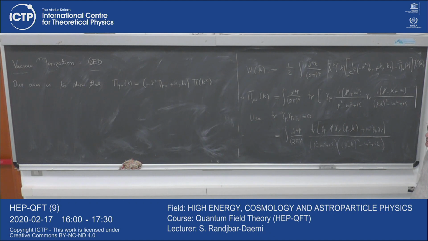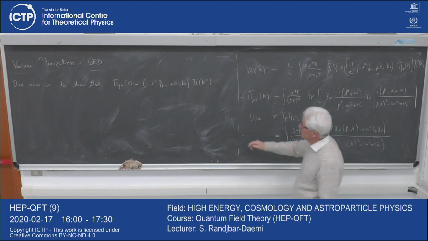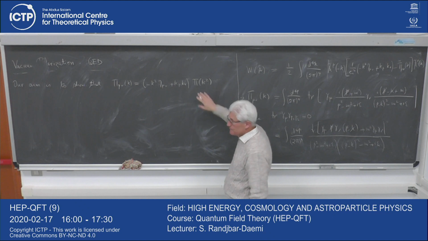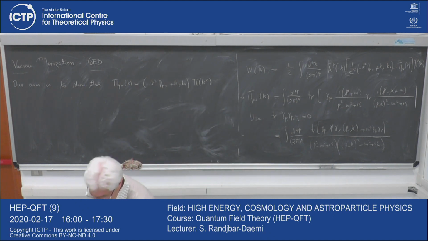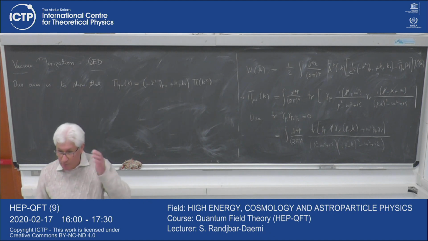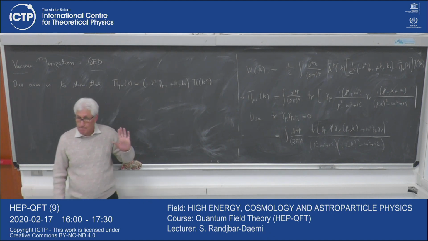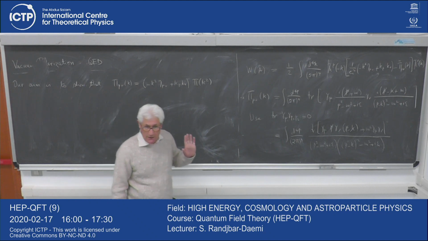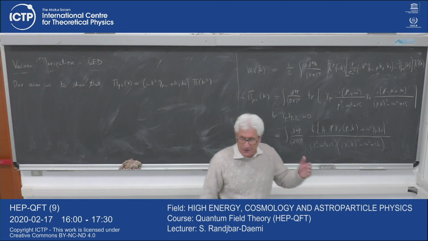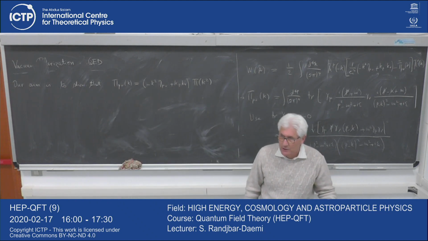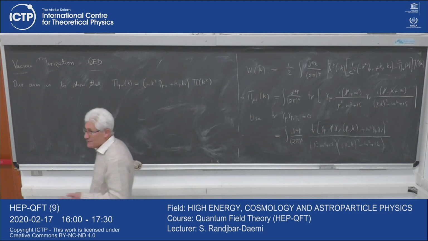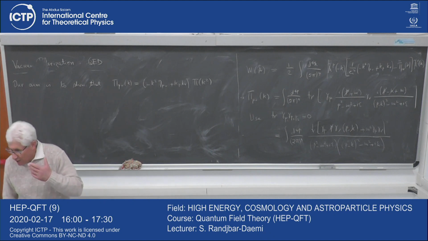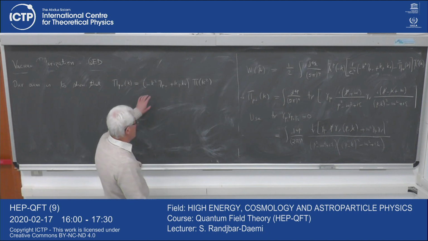Okay? So essentially our problem would be the calculation of this expression. If you use dimensional regularization, you do not expect, for a model like QED, that gauge invariance depends on the dimensions. Whether you are in n dimensions or in 4 dimensions, the gauge invariance should be the same. Therefore, on that ground, we expect to have something like this.